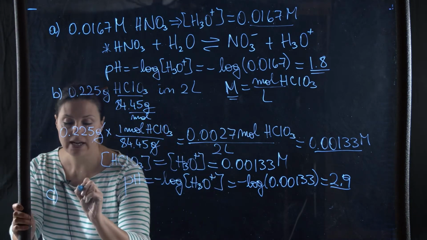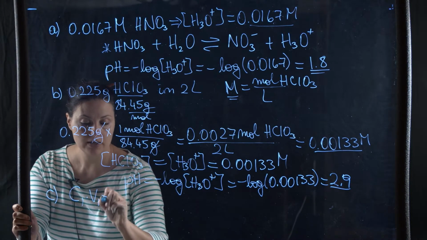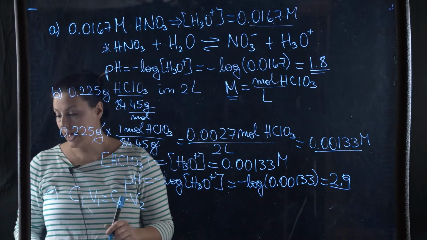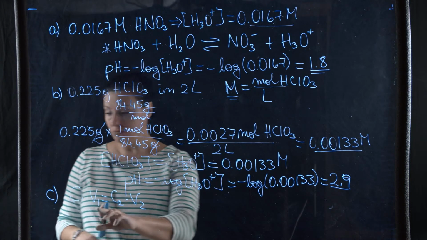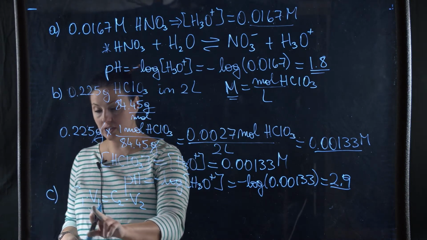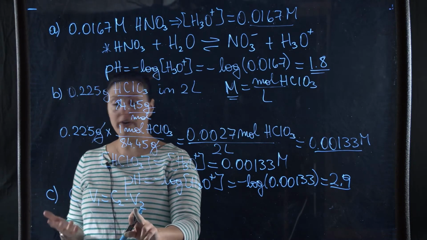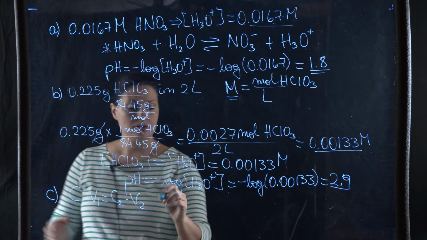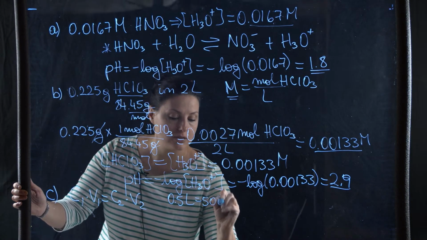So we know the dilution formula, C1 times V1 equals C2 times V2. I have the initial volume and concentration, so I have 15 milliliters of a 1 molar solution, and it's diluted to 0.5 liters. To make them the same unit, I can say 0.5 liters is equal to 500 milliliters.